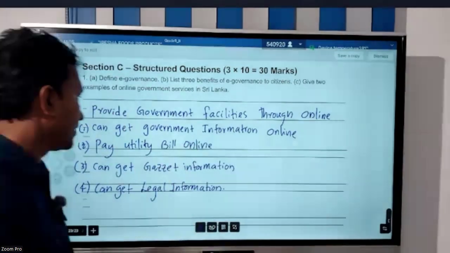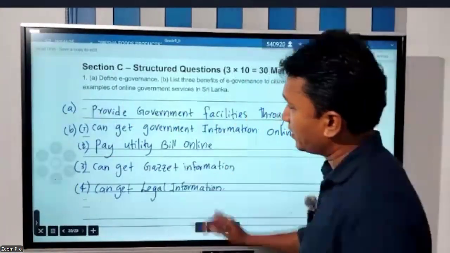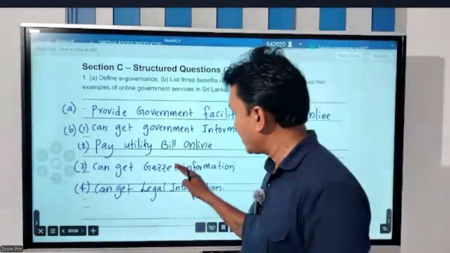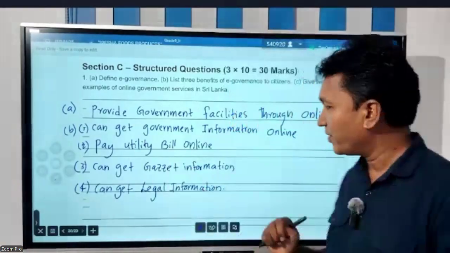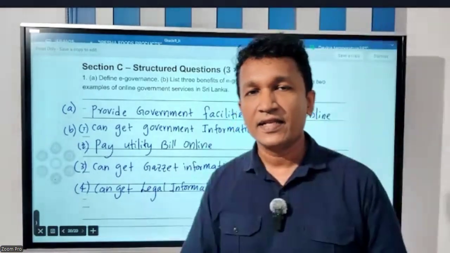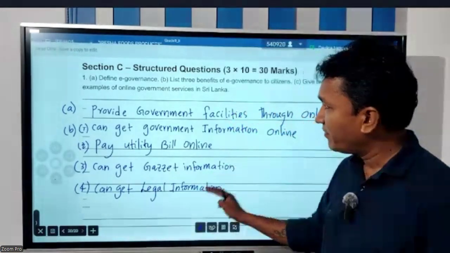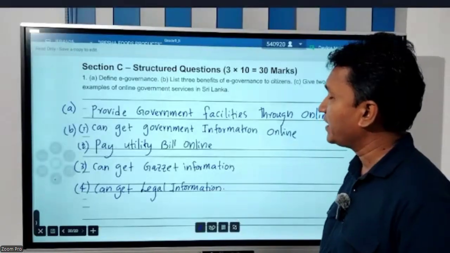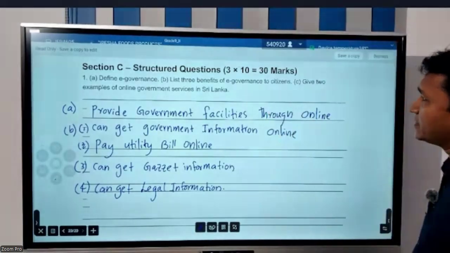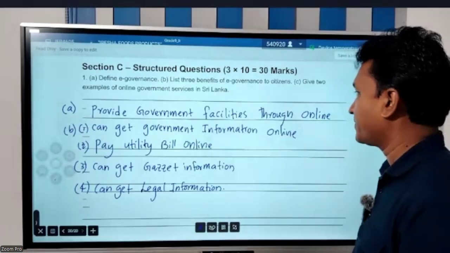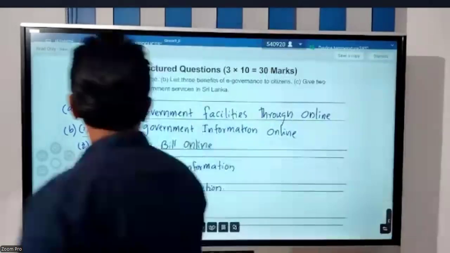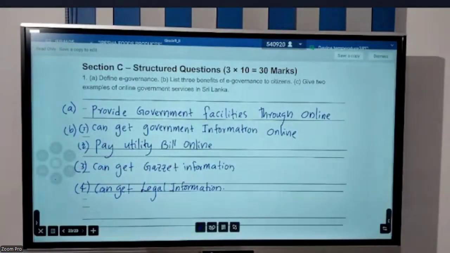From the government website we can get gazette information, which is what Parliament has passed. Legal information, such as when a new law is passed or about the existing laws of the country, we can get from the government website, thanks to e-government. Those kinds of things we can get from e-governance as a citizen. Those are the benefits.